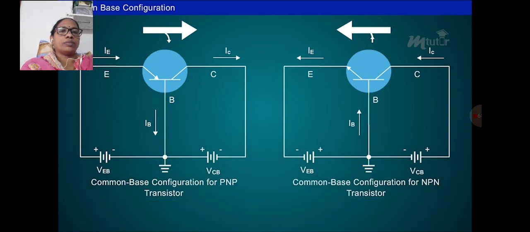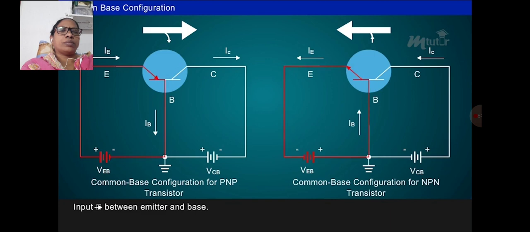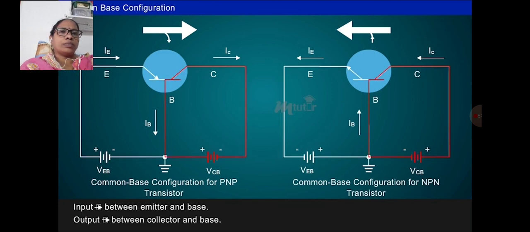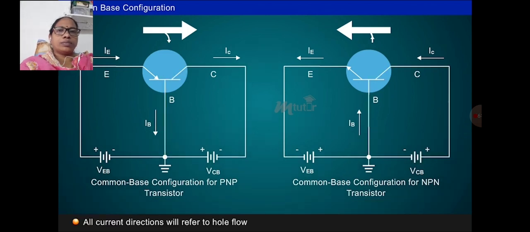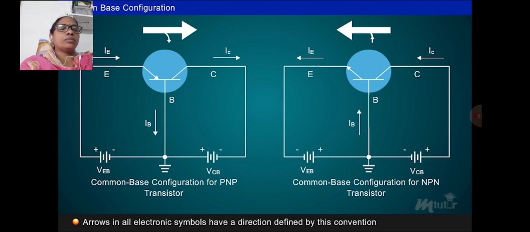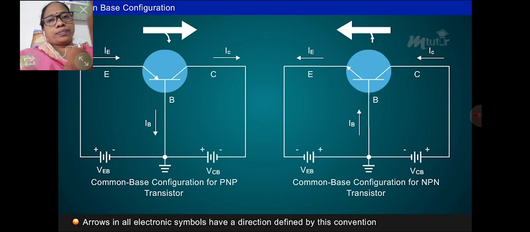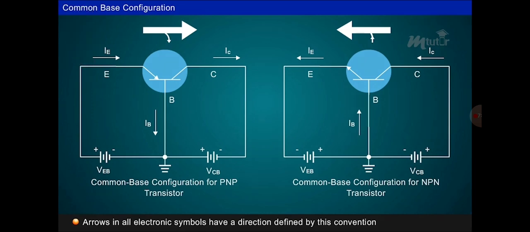In this configuration, input is applied between emitter and base, and output is taken from the collector and base. All current directions will refer to conventional, that is, hole flow rather than electron flow. The result is that the arrows in all electronic symbols have a direction defined by this convention.